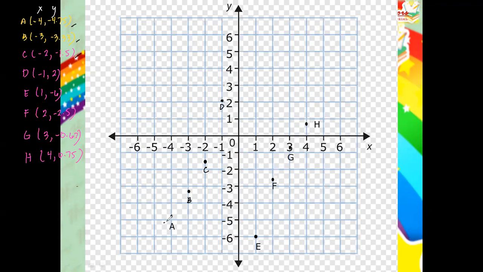So it's this. Don't forget to put an arrow here, and here. It's done for the left side. So let's have this.